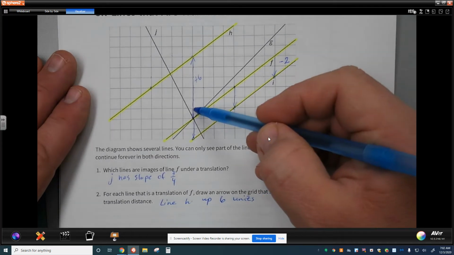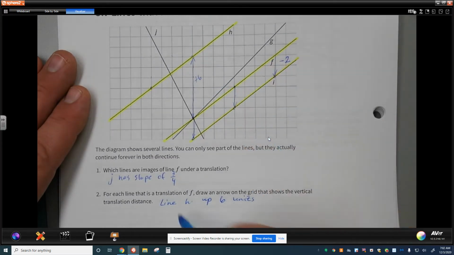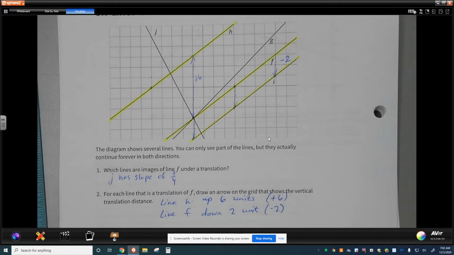Let me double check that. 1, 2, 3, 4, 5, 6. Yep, 6. And then line I, we translated down 2 units. And you'll notice what I did here is I did a +6 and I did a -2. That's going to come in handy here in a little bit when we go to work on this.